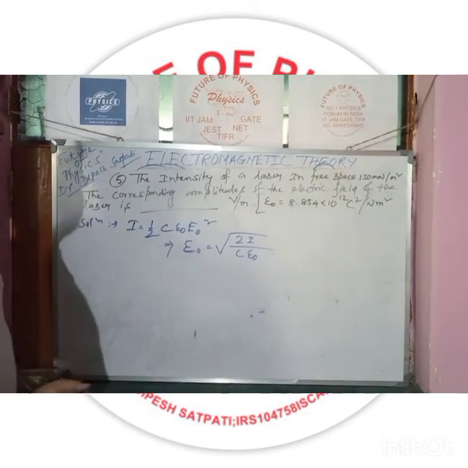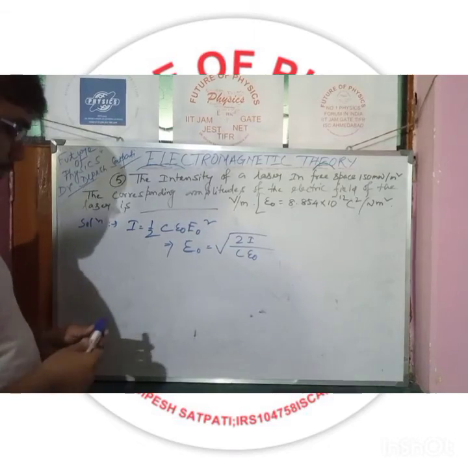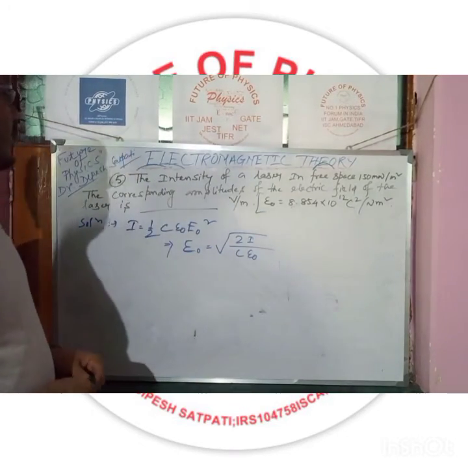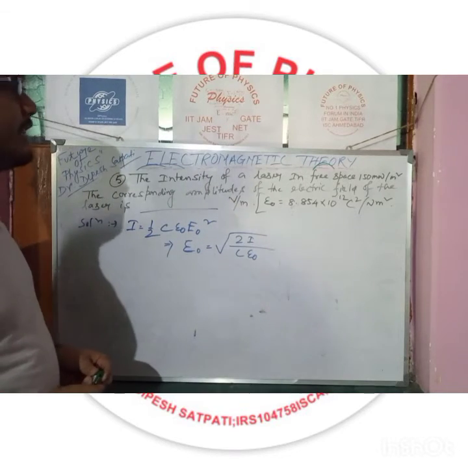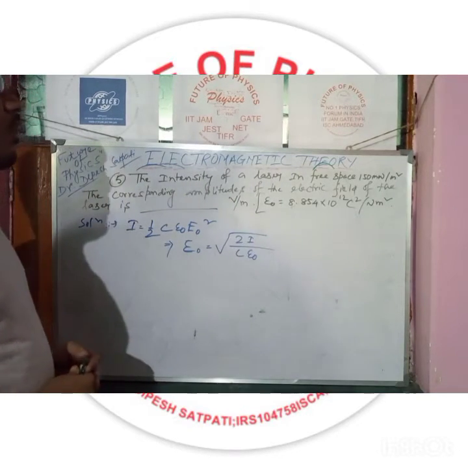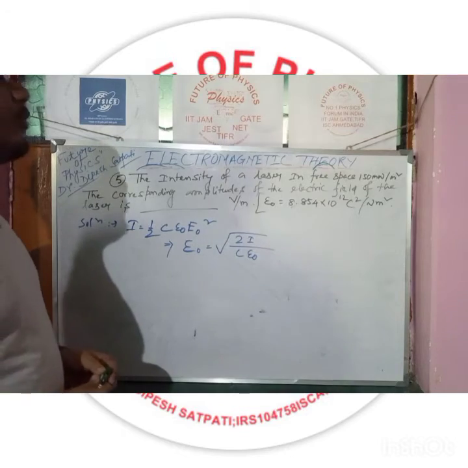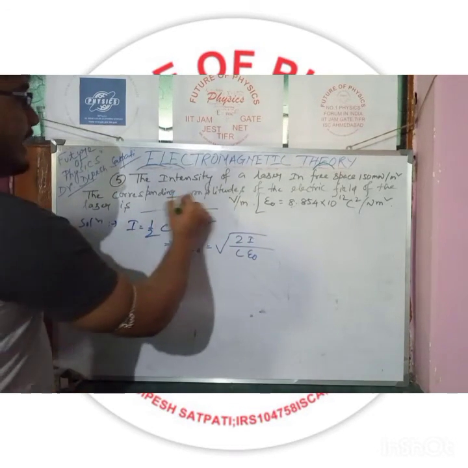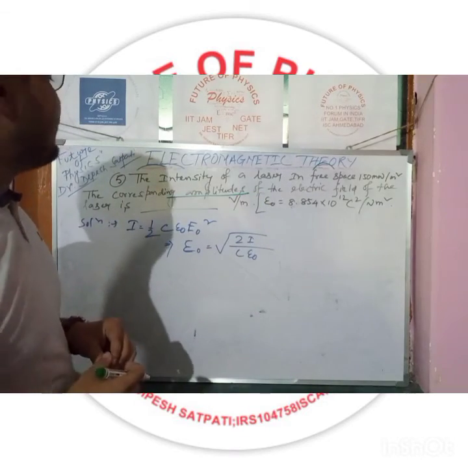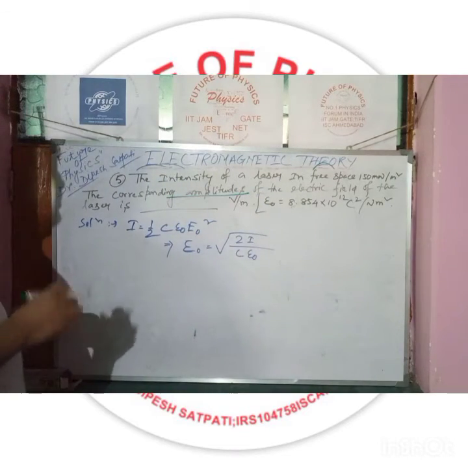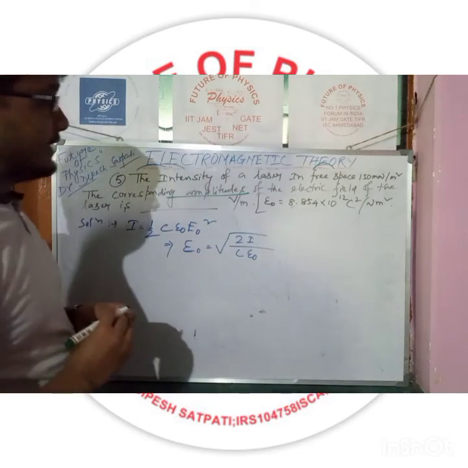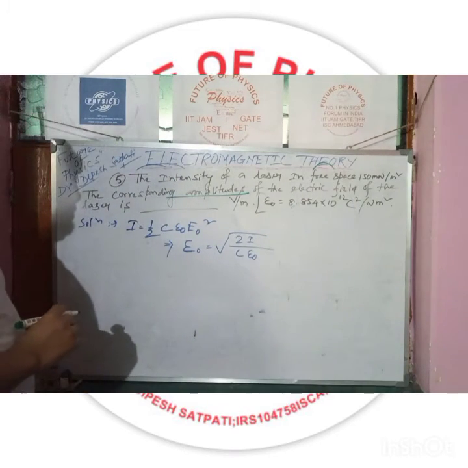Now students, the last question, number five. The intensity of a laser in free space is 150 milli watt per meter square. The corresponding amplitude of the electric field of the laser is fill in the blanks volt per meter.